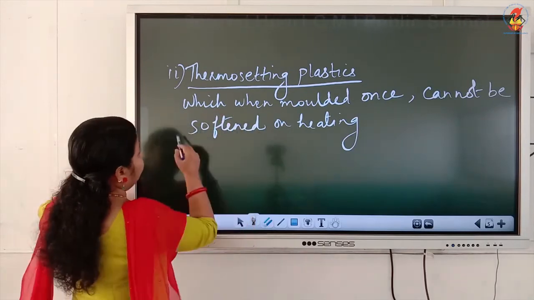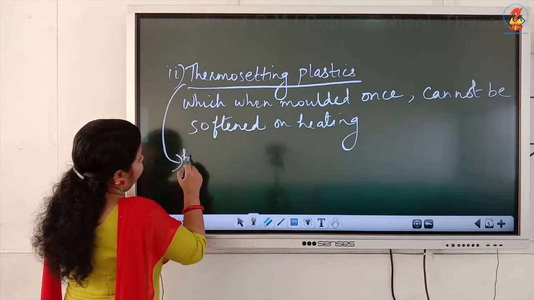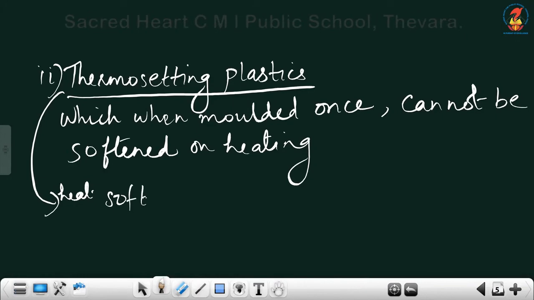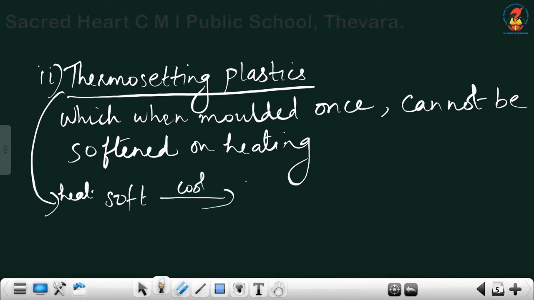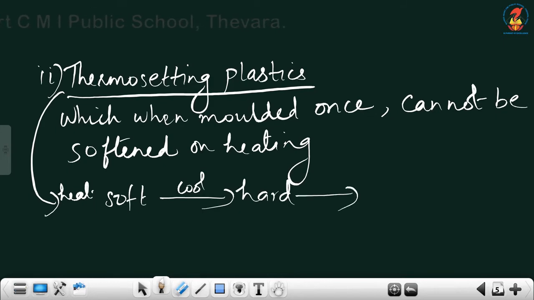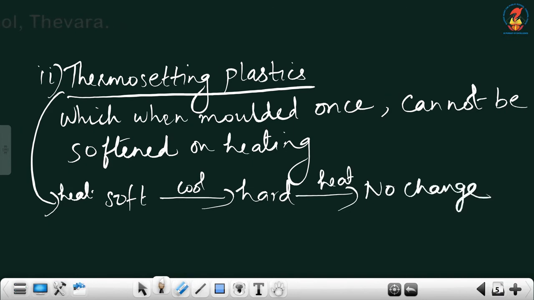Or we can say this thermosetting plastics upon heating, they become soft. You cool it, it becomes hard. After that, you heat, no change. In a thermoplastic, it is not like this. Any number of times you can make it soft, hard, again soft, hard, like that you can go on.